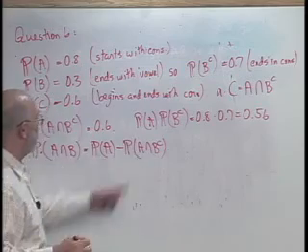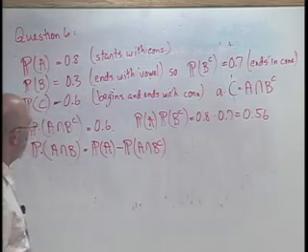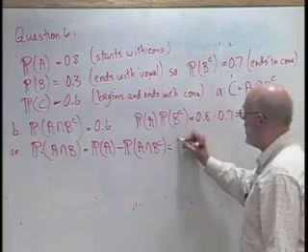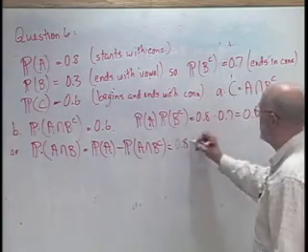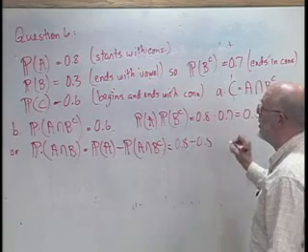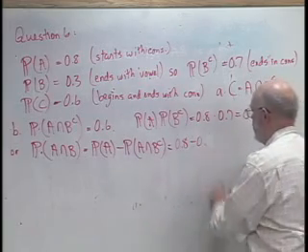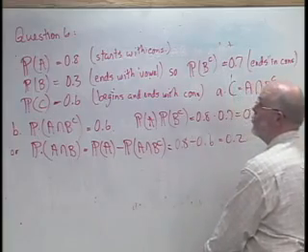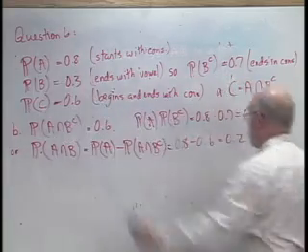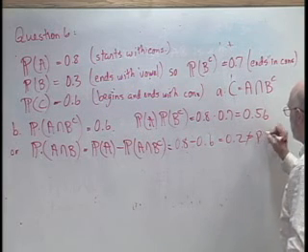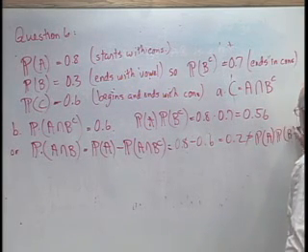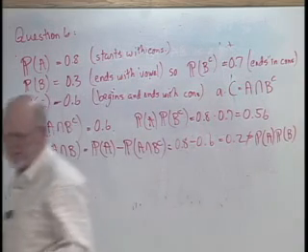Because if A occurs and B complement doesn't occur, you've got the probability that A and B both occur. Probability of A is 0.8. This probability is 0.6, which is 0.2, but the probability of A times the probability of B is not 0.2. So they're not independent.